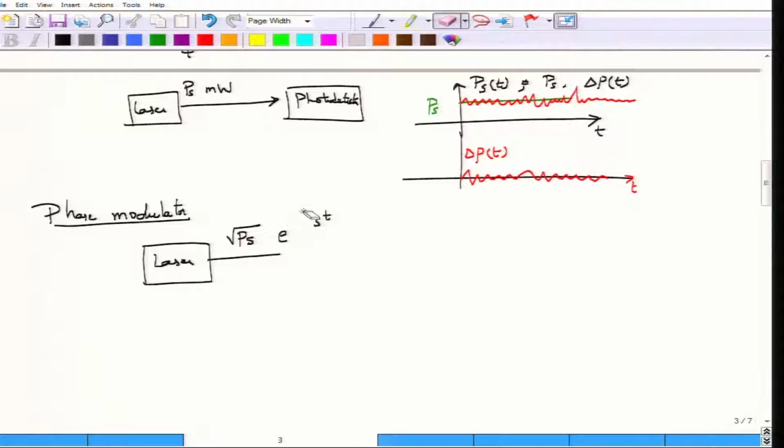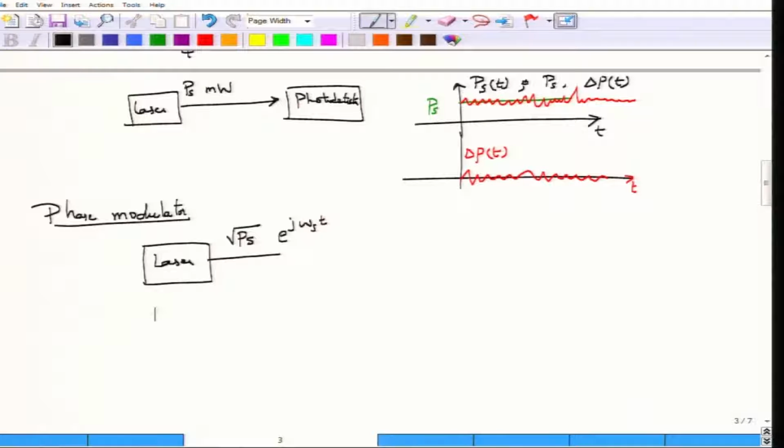I will simply assume that the output of this laser is a very nice optical signal having an amplitude of square root Ps and having a frequency omega s. This is a notation that we normally use, we do not normally use cos omega st, this is the shorter notation. Because I can always recover what that cos omega st signal is, all I have to do is take this square root Ps e power j omega st and then take the real part of it.